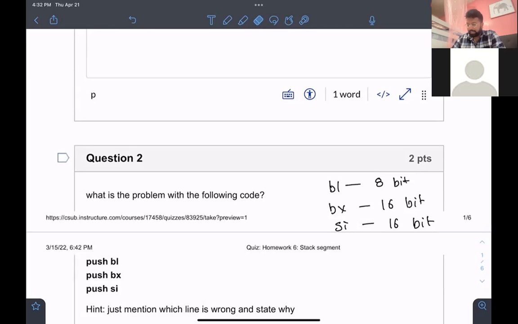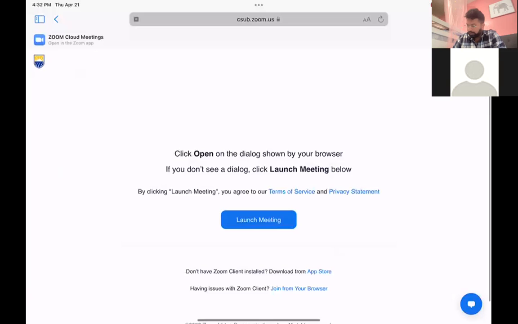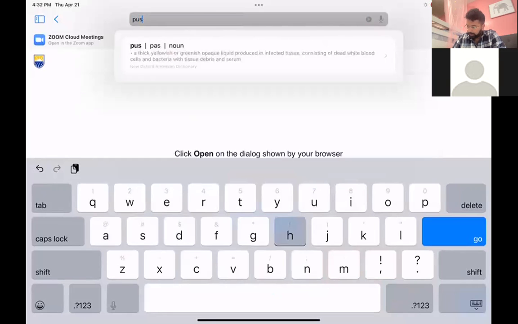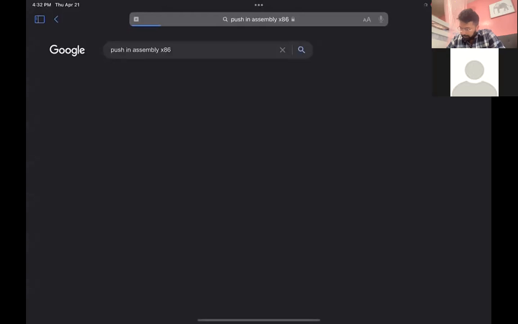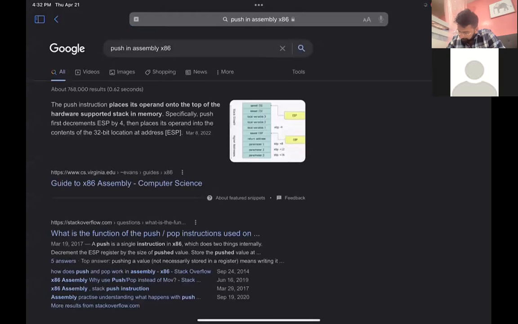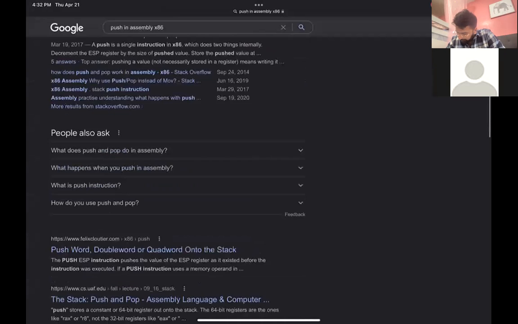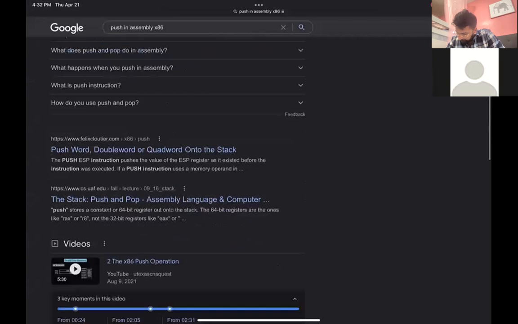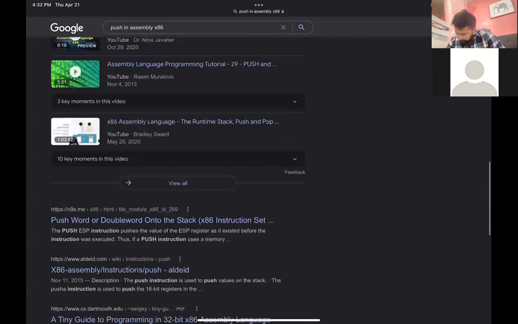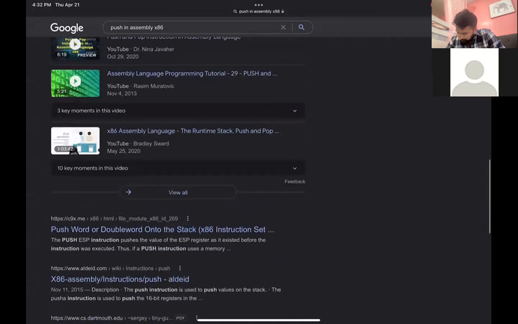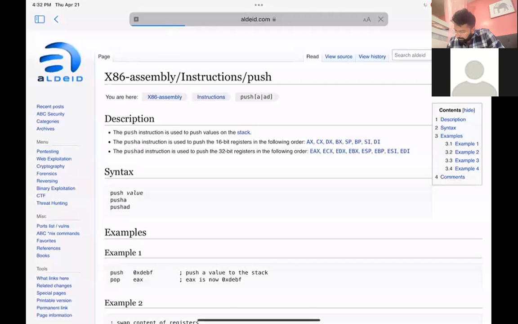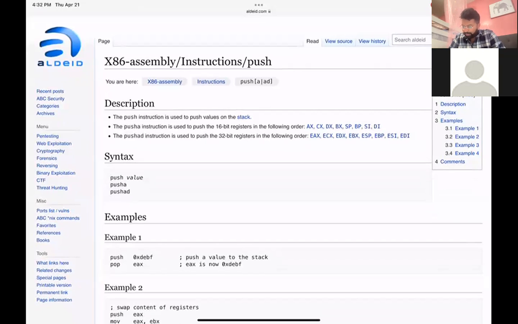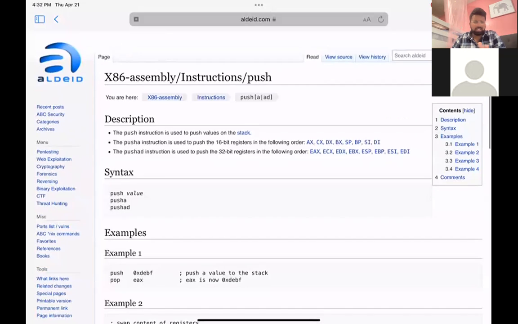But now we have to see how push works in x86. So I'll just search for push in x86 assembly. Okay, we can read on this website, or you can just Google it.